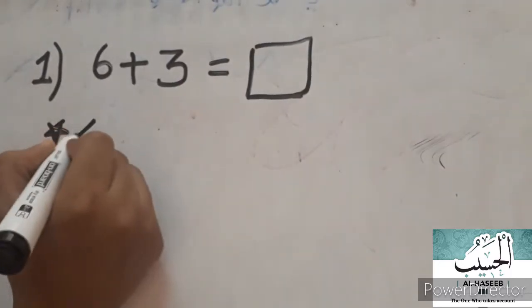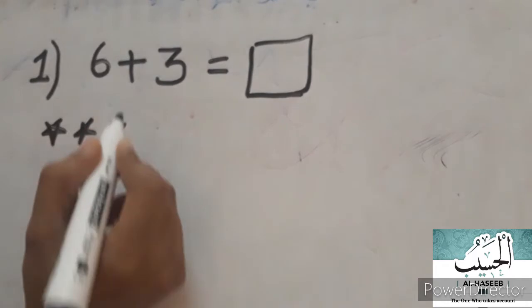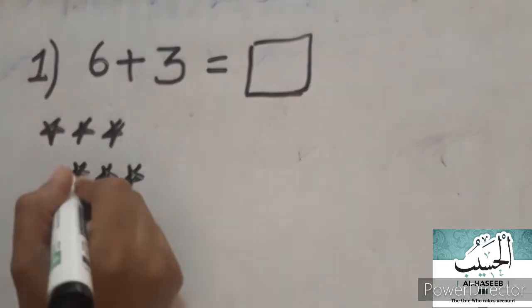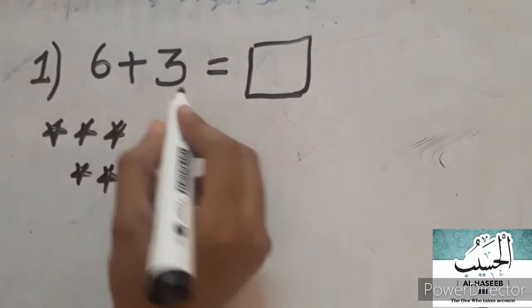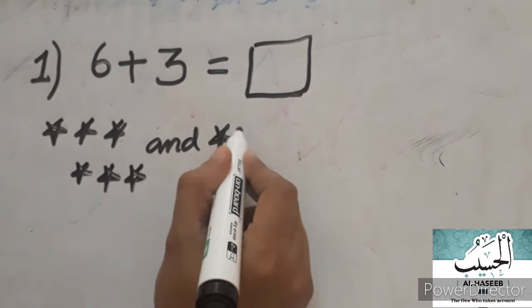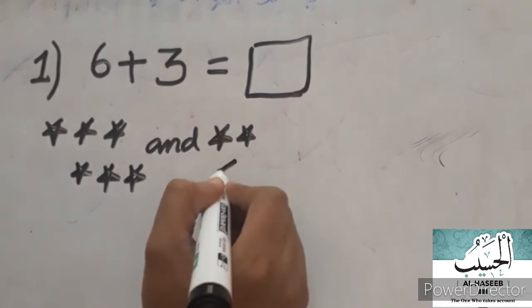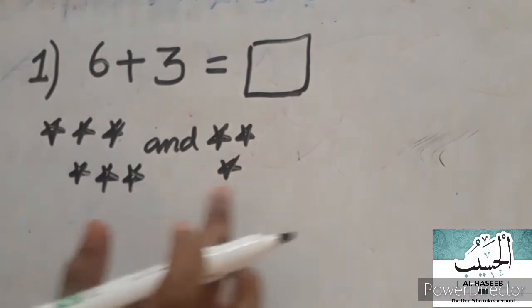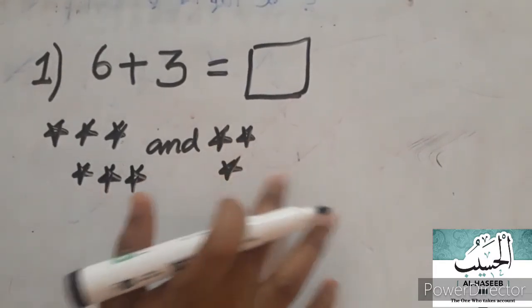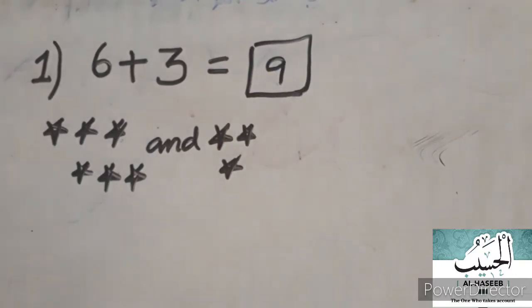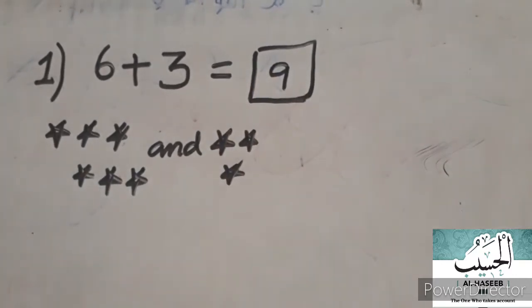We can put 6 stars for 6. Then 3 stars for 3. One, 2, 3, 4, 5, 6, 7, 8, 9. Altogether 9. 6 plus 3 equal to 9.